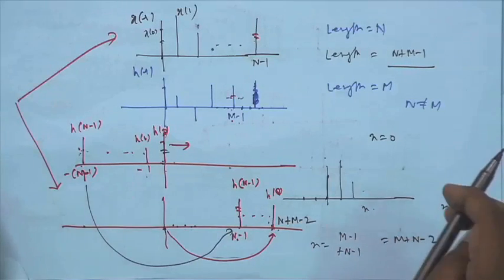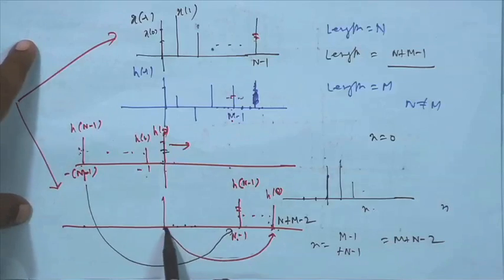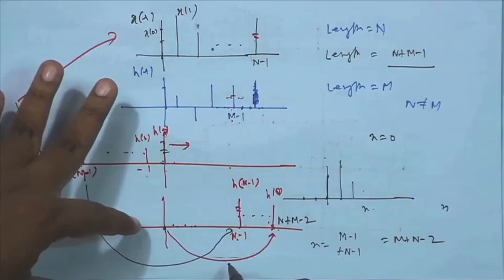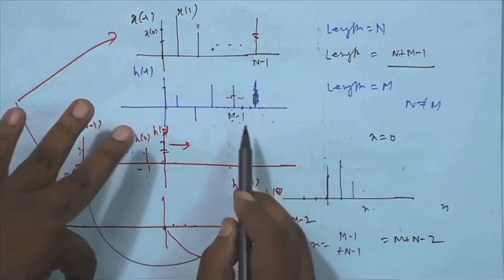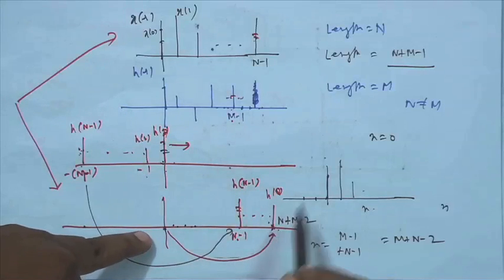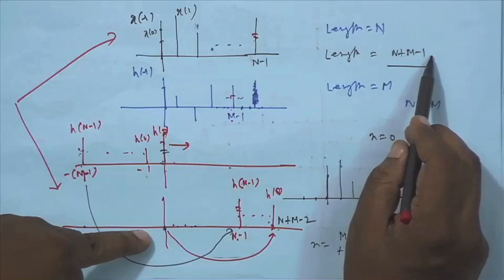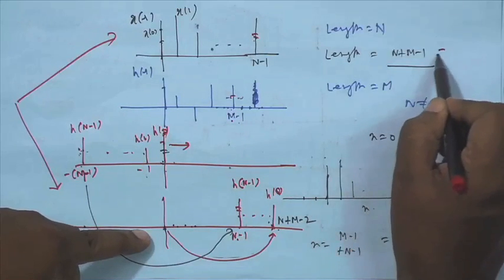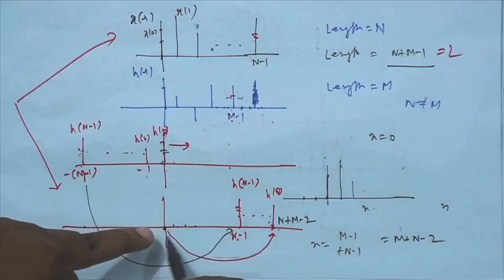So, we will do some manipulation there, but you understand one thing: the final output after linear convolution is not of length n or of length m, but of length n plus m minus 1. If you call it L, it is length L, so 0 to L minus 1.